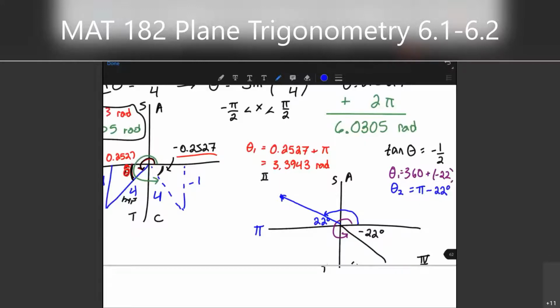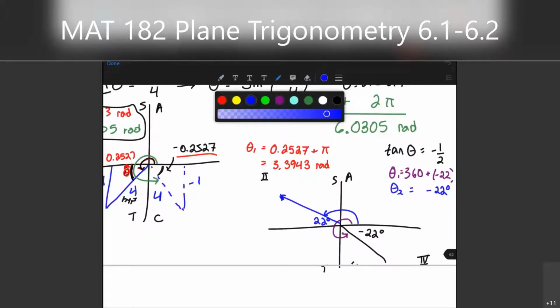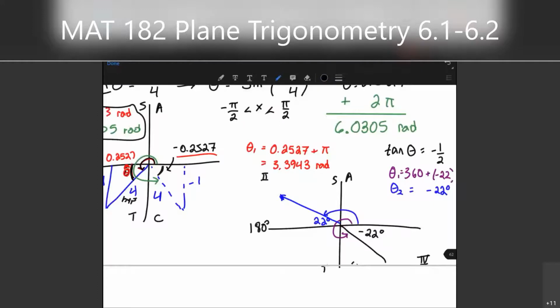Because we don't want the full pi units, we want 22 degrees less than that pi unit. Actually, sorry, it would be 180 in this case, just to be consistent here. 180 degrees.